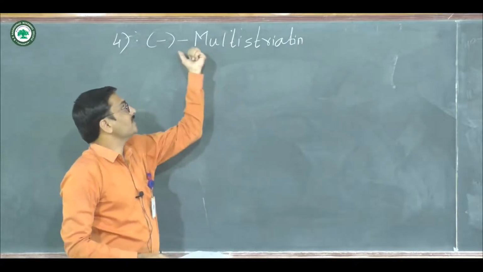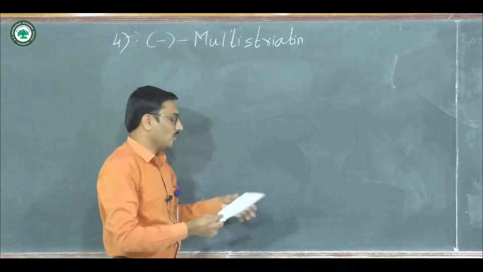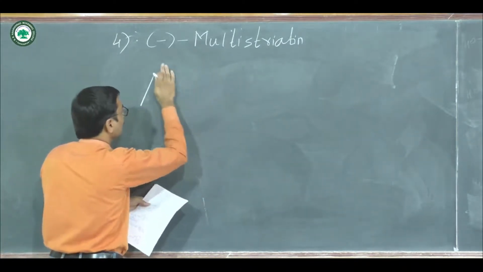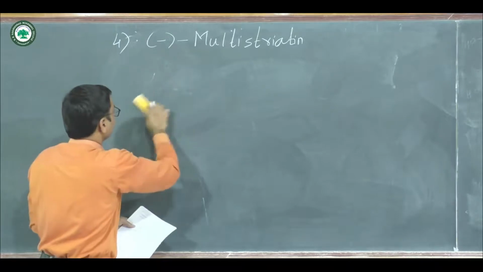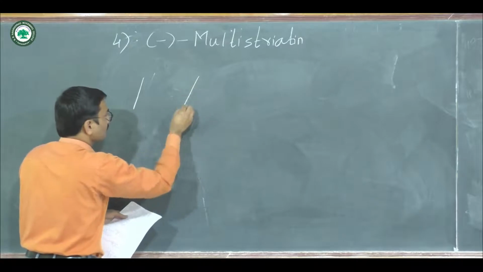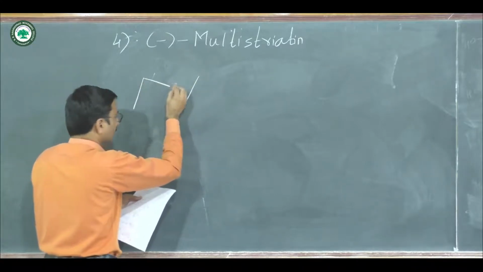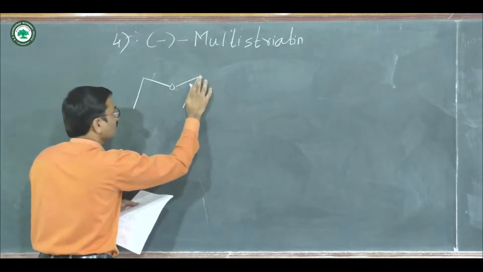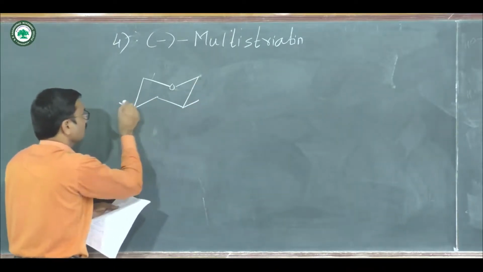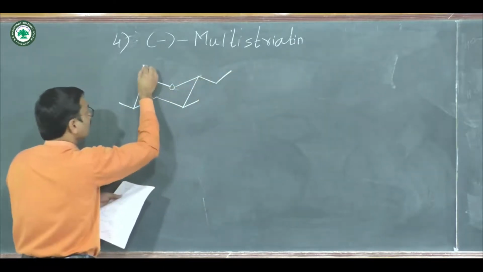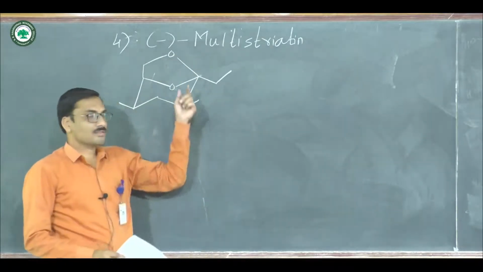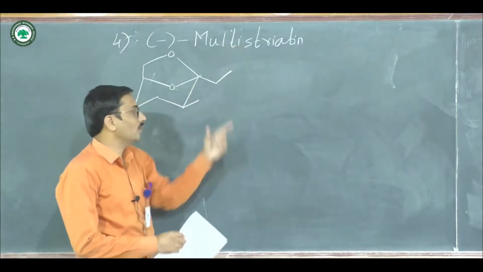The next molecule is the minus multistriatin molecule. So this is the structure of the multistriatin molecule.